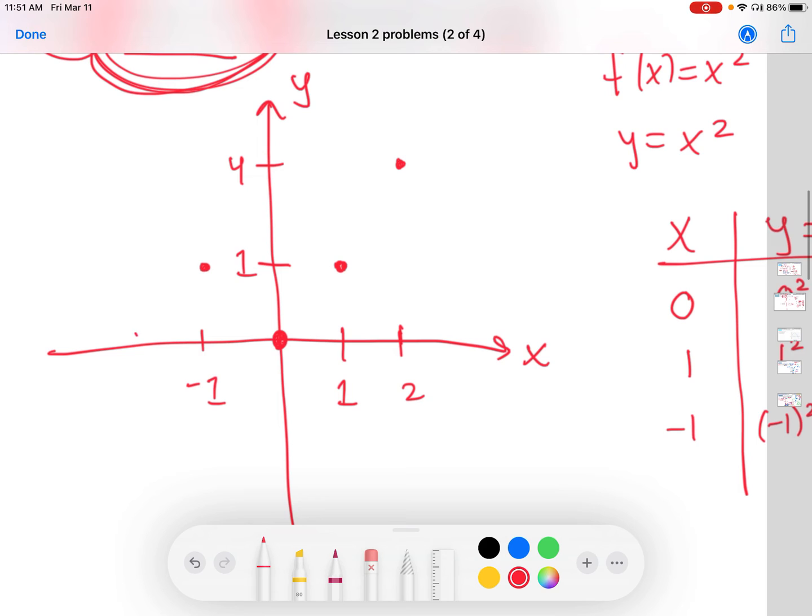And then if x is negative 2, well, negative 2 times negative 2, the negatives turn positive, so I get 4 again. So we can see the symmetry here. And then, of course, if we had a very, very long time and absolutely nothing else to do, we would fill in all these dots and start tracing out the graph of the function, which is the graph of a parabola.